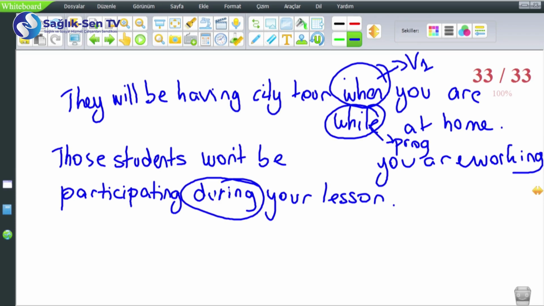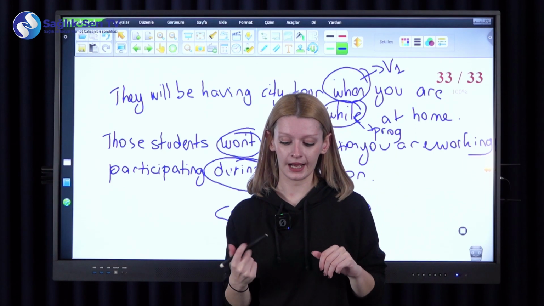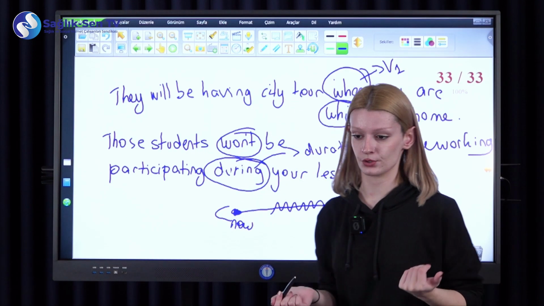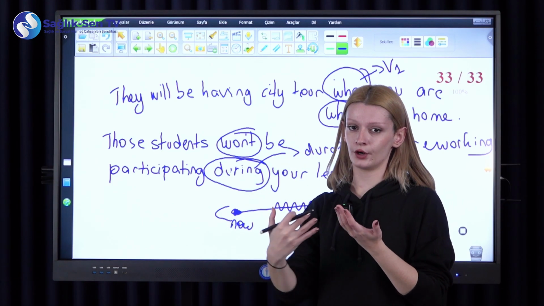After during, we have a long period of time. We have a duration. Like here, in the future, this is now. Those students won't be participating. I used negative this time, so we can see how negative sentence structure with future continuous works. It will be won't be verb ing.